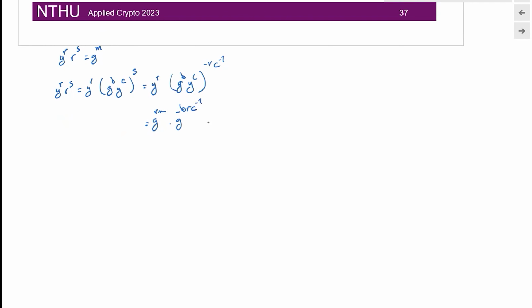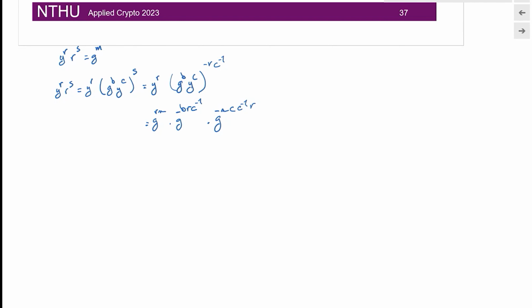And then from the second part, Y is already G to the X, so we get G to the minus X C inverse R. So that would be the entire thing that we would get here.